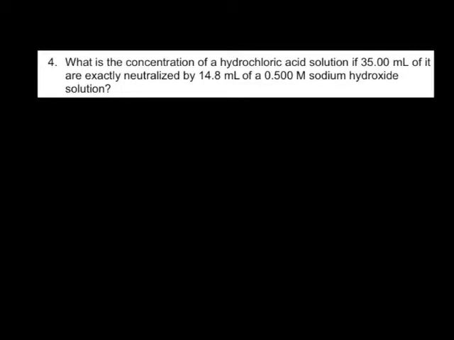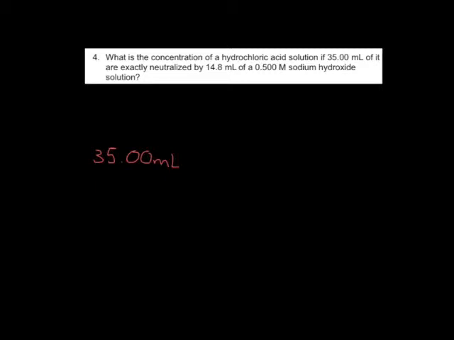We are after the concentration of the hydrochloric acid, knowing that we've got 35 mL of HCl. We also know that there was sodium hydroxide, and that's 14.8 mL. And we know that we've got the concentration of sodium hydroxide of 0.500 moles per litre.